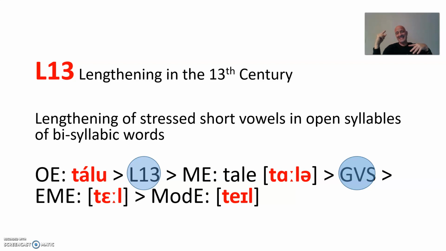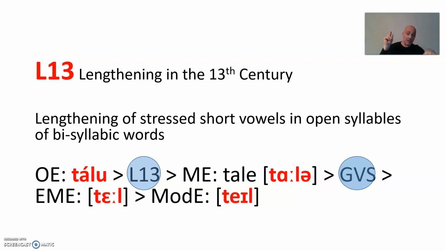The modern word tail goes back to the Old English word talu, okay? Short a, talu. And there you see, it's a bisyllabic word, of course. There is an open syllable, ta-lu, yeah? And so L13 applies, and talu becomes something like tāl in Middle English, okay?